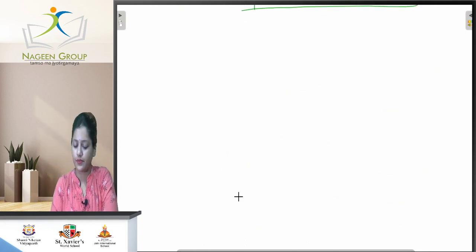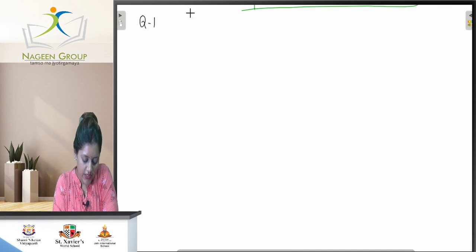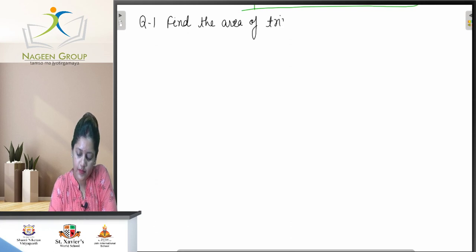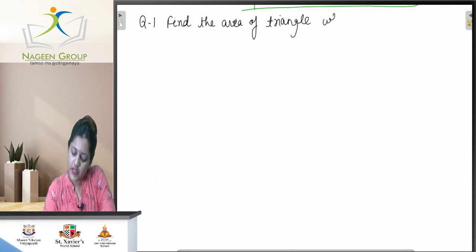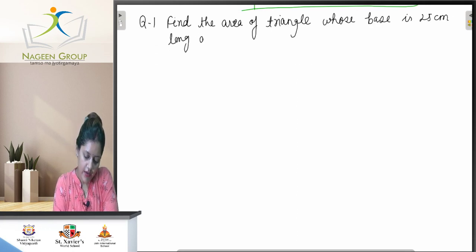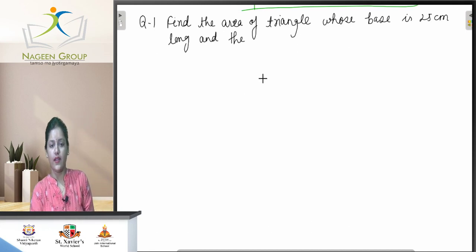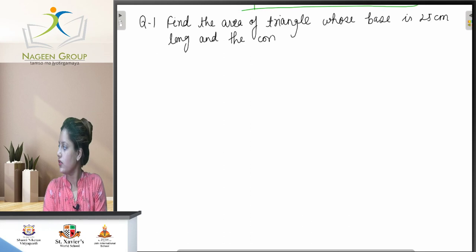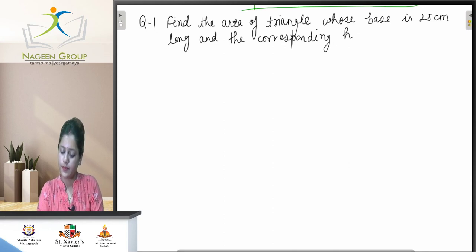First question, question 1: find the area of a triangle whose base is 25 centimeter long and the corresponding height is 10.8 centimeter.